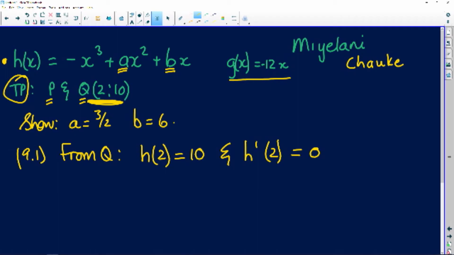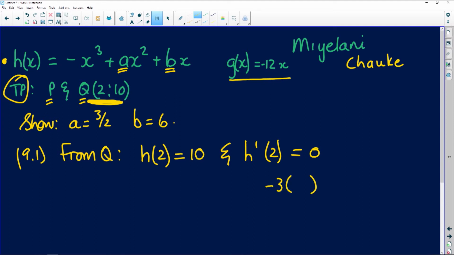If I have the derivative, now look at how I do this. I differentiate: minus 3 times x squared, where there's an x, I leave a space, plus 2ax plus b. Remember, the derivative of bx is just b.